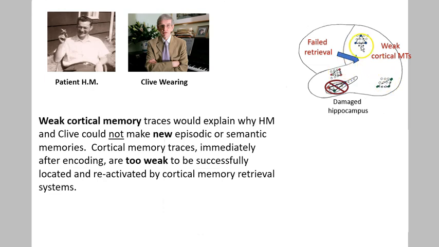So this is why HM and Clive cannot make new long-term memory traces, at least ones that can be retrieved. They do make memory traces, but they're just too weak to be retrieved. So this led to the conclusion that the hippocampus is critically important in strengthening cortical memory traces to make them strong enough to be retrieved by other brain systems.